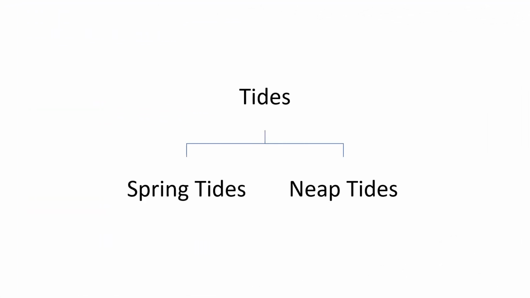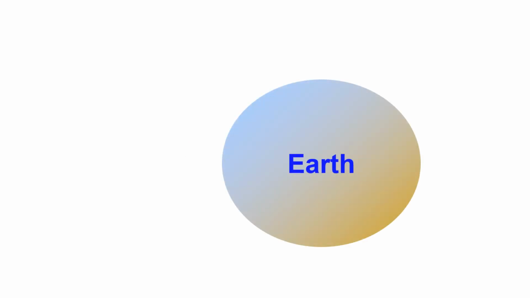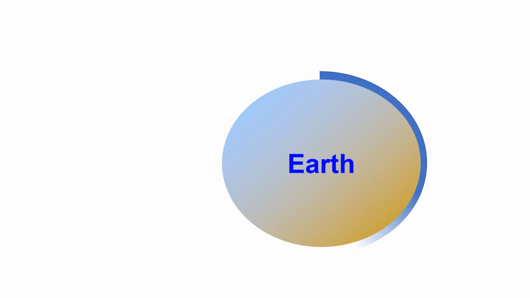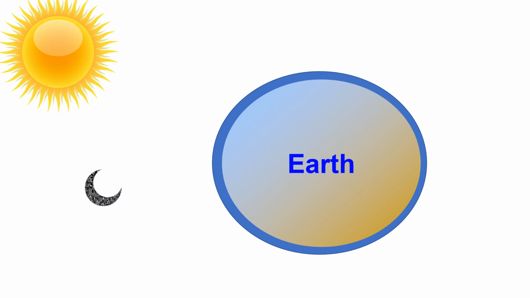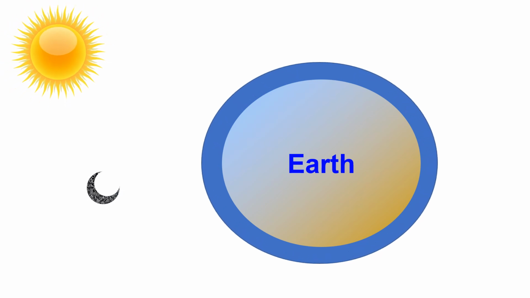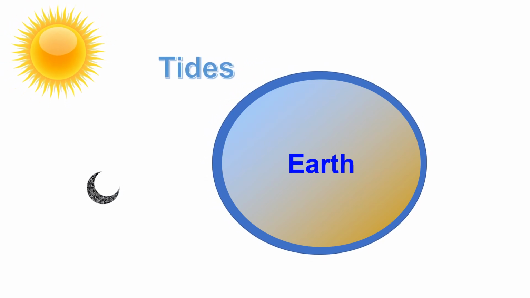Tides can be classified into two, one spring tide, another neap tide. We know that a large part of the earth is enveloped by water and that the sun and moon exert a pull on these waters resulting in tides.